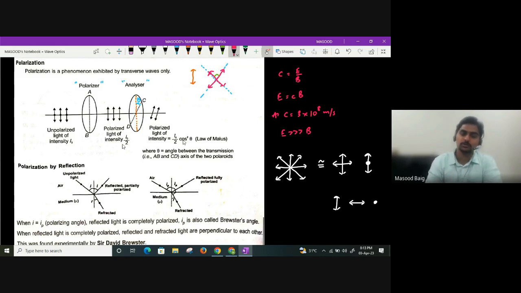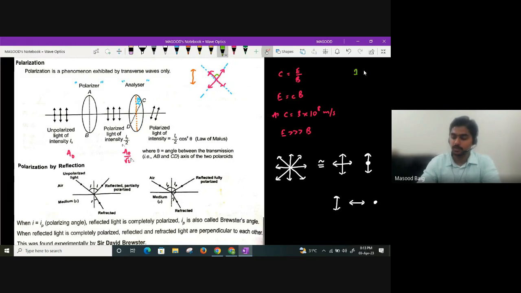Intensity, as you all know, is proportional to amplitude square. Let us say unpolarized light has amplitude A naught, guys. Okay. So here, what is the intensity? I naught by 2. So what will our amplitude be, guys? It will be A naught divided by root 2. Yes or no, all of you?